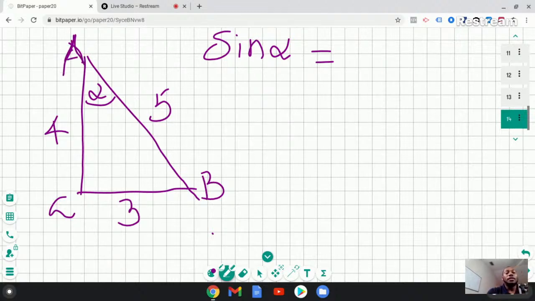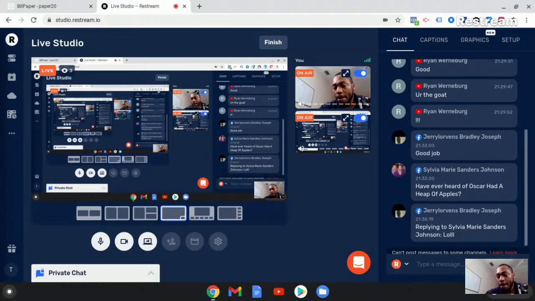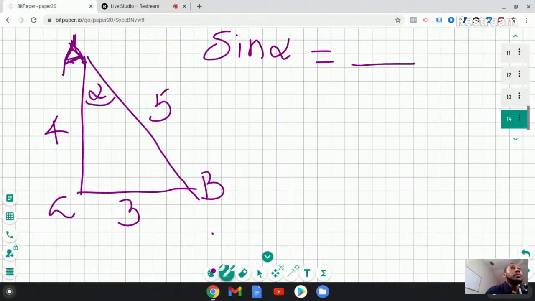All right, so what's the opposite side of the angle alpha? Who can tell me what the opposite side is? Yeah, that's right. Opposite, directly facing it.